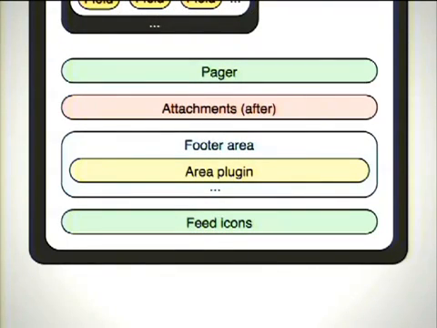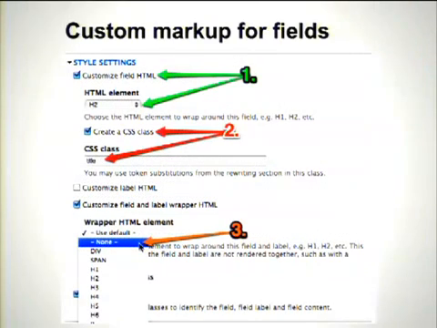And in the footer, there is, first of all, the pager, any attachment views that are attached to the view. Then the footer area, which again has area plugins, just like the empty area and the header area, and feed icons.